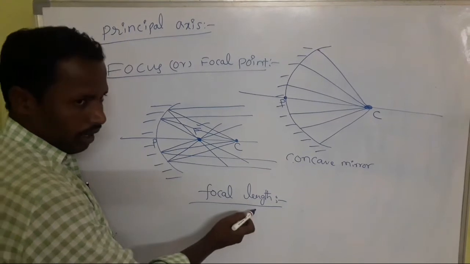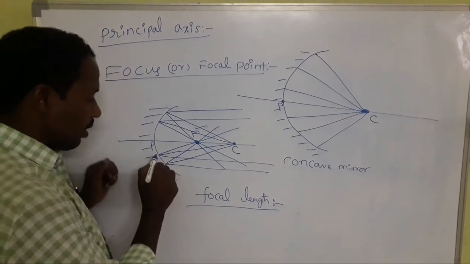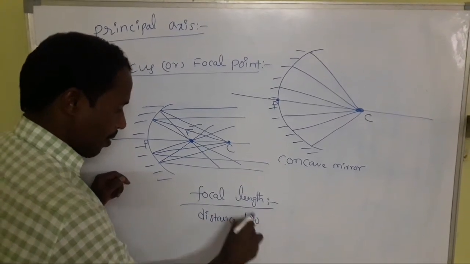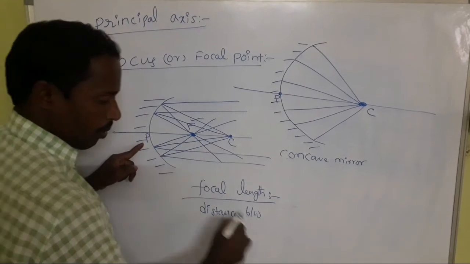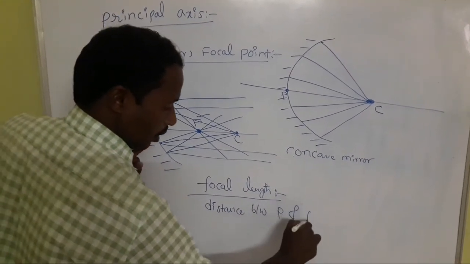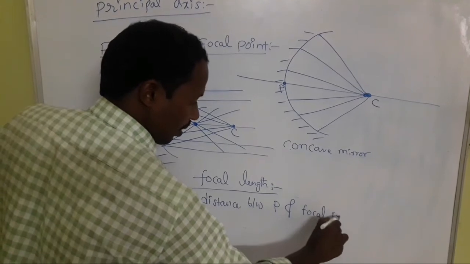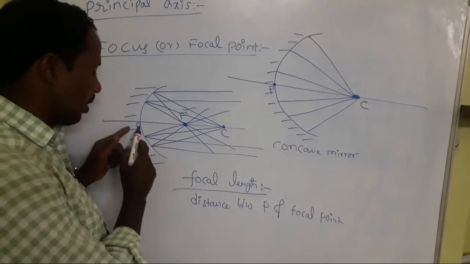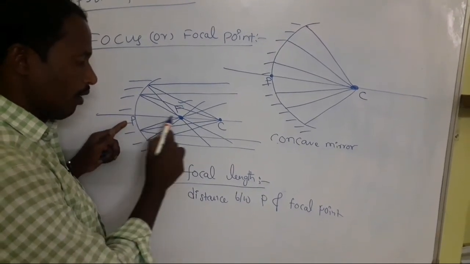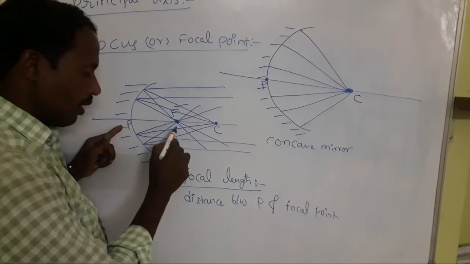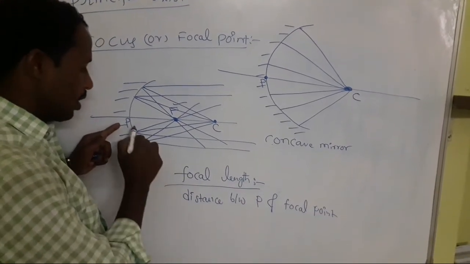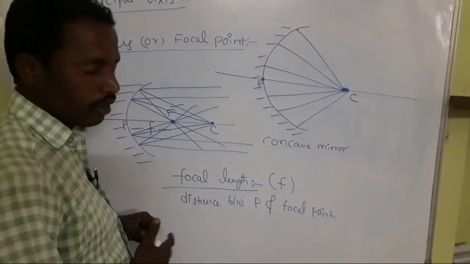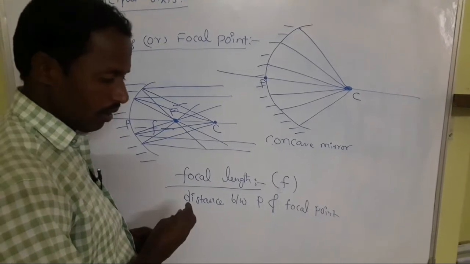Next, the focal length is the distance between the pole and the focus or focal point of the mirror. It is denoted by small f.